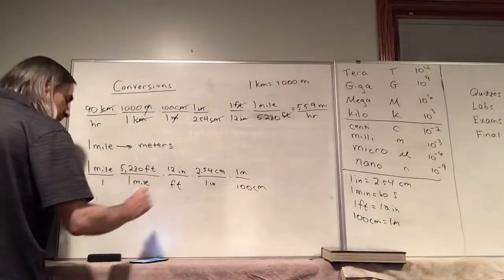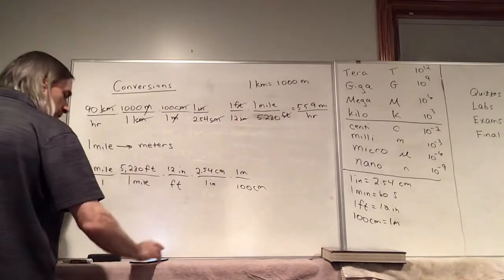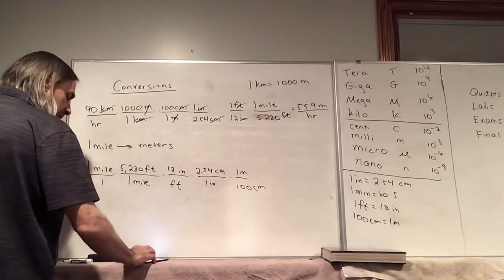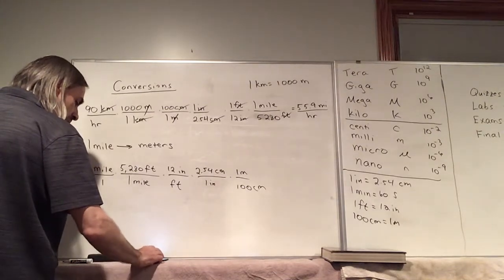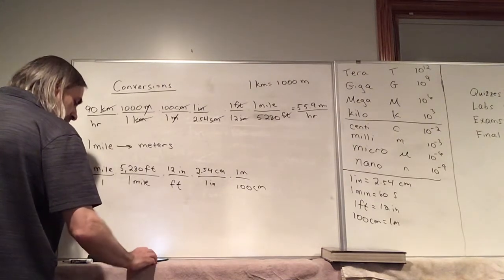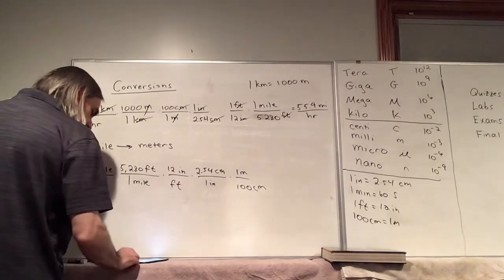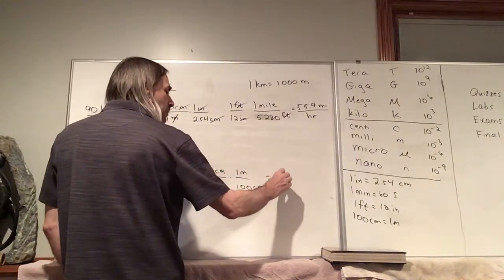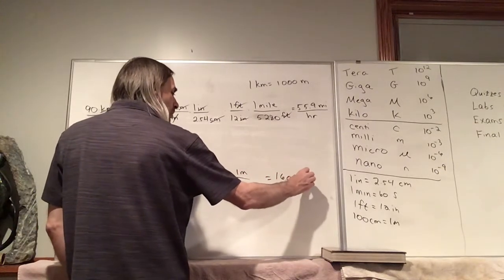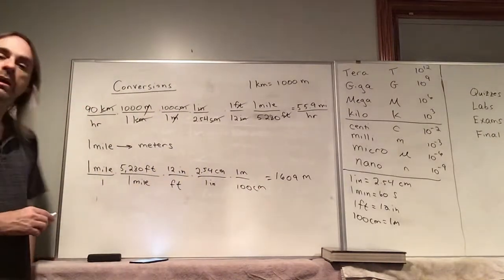So let's do this calculation and see what we get. 5,280 times 12 times 2.54. And then divided by 100. And we get 1,609 meters.